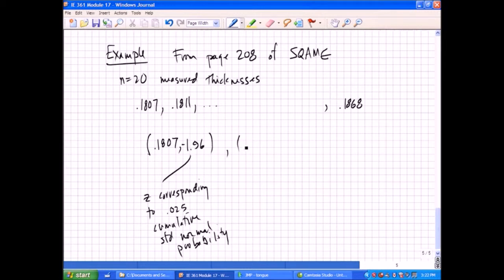The second point I'm going to plot has a horizontal plotting position of 0.1811, and the vertical plotting position is going to be minus 1.44.